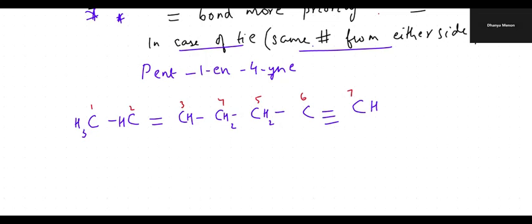And what are the positions? 2 and 6. I can also number it from the other side 1, 2, 3, 4, 5, 6, 7.